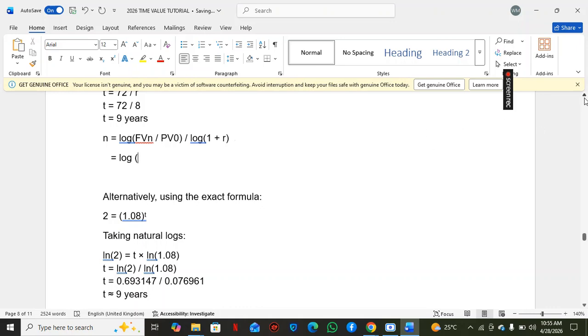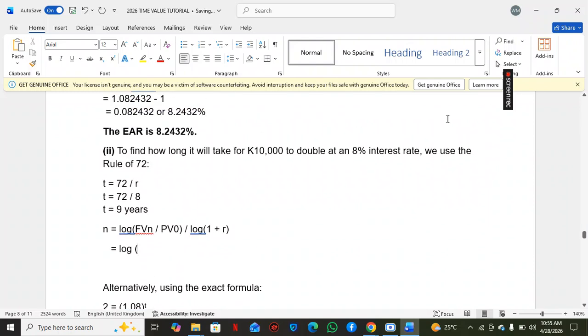Since it's 10,000 and we want it to double, the future value is 20,000 over the present value 10,000, divided by the log of 1 plus 0.08.